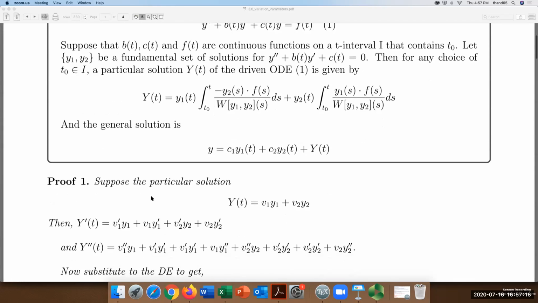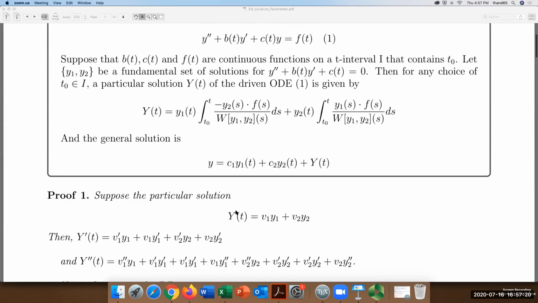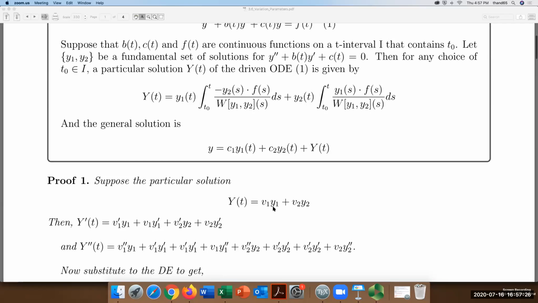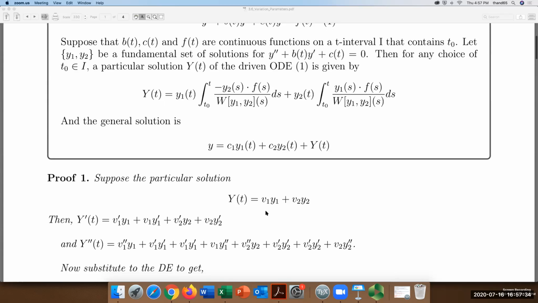Okay. So again, this is the method of variation of parameters. Remember, in the first order differential equations, we talked about this method. When you found one of the solutions to the equation, you just multiply that solution by a function to find the second solution.